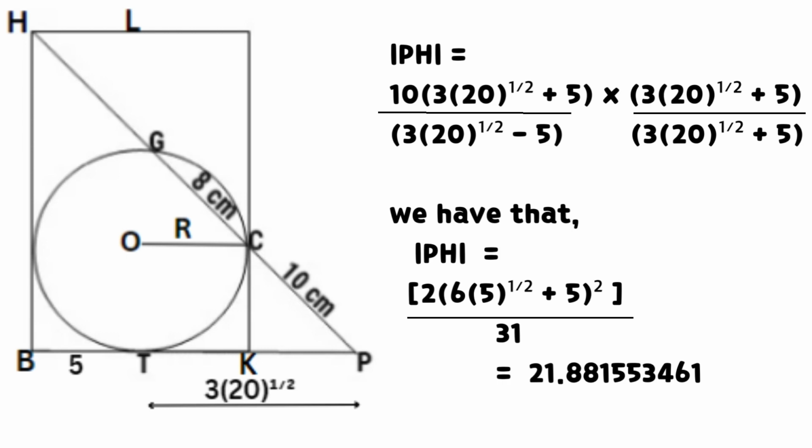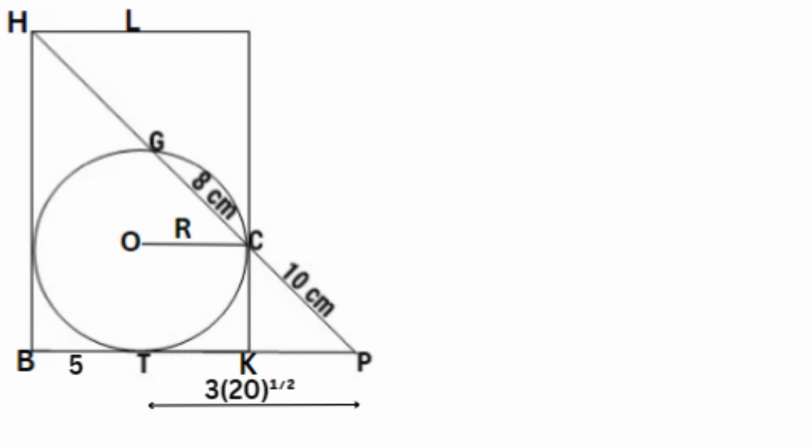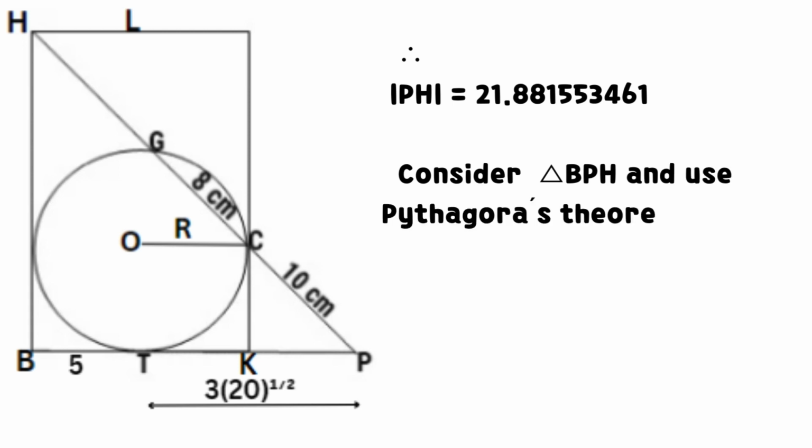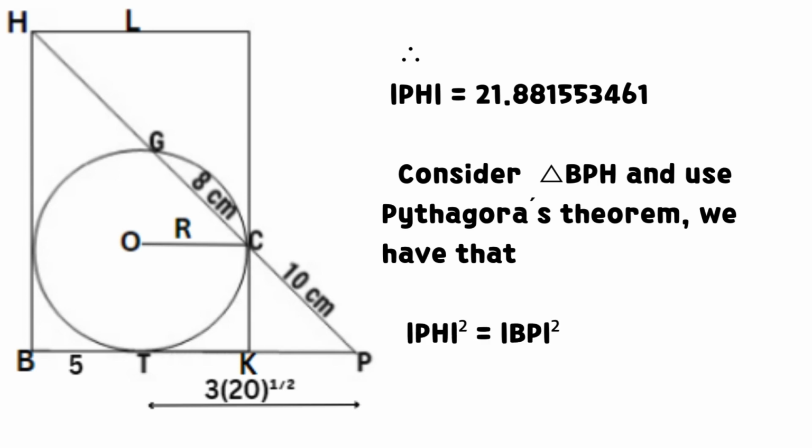21.8815536461. Therefore, line PH equals 21.8815534661.